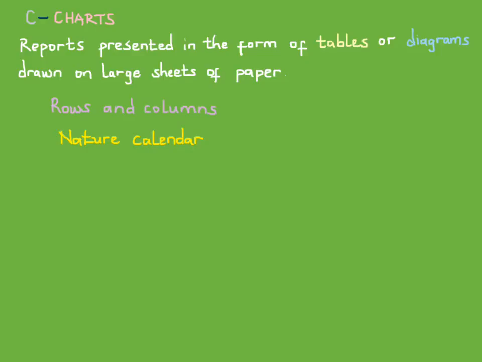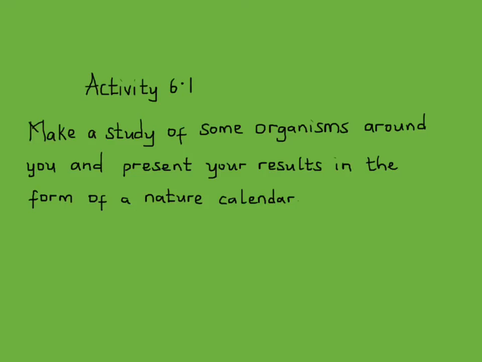From such a calendar, the behavior and habits of organisms in similar habitats at similar times and under similar conditions can be predicted. For your activity for this lesson, make a study of some organisms around you and present your results in the form of a nature calendar.